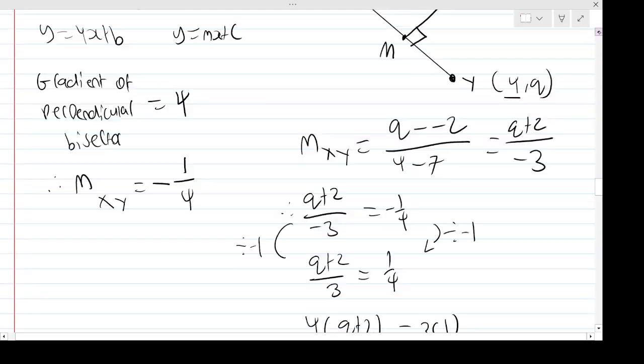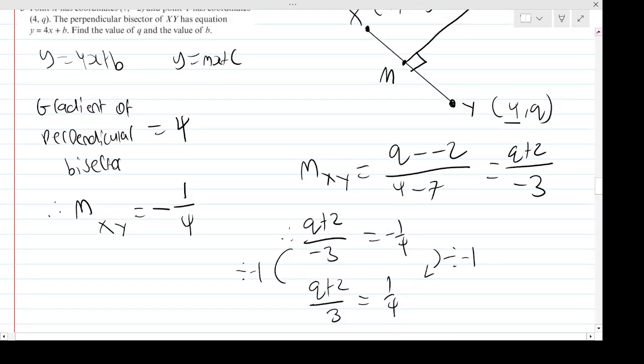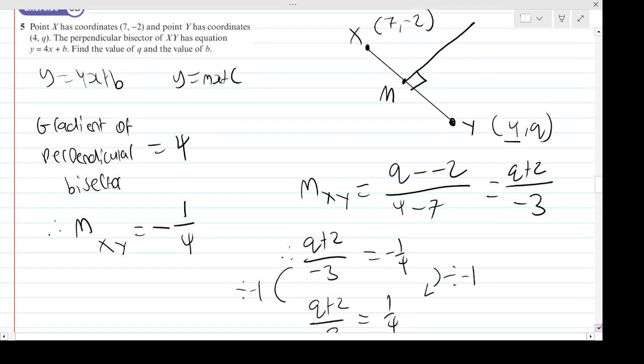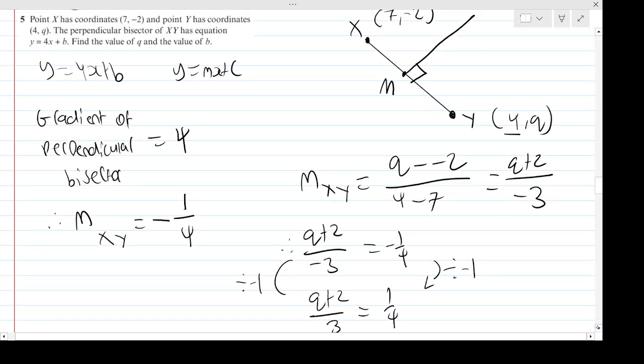That's great. Now we need to find b. Now b is here. It's in this line here. But again, if I'm going to find a missing value in here, I need to substitute a point into this line here. And remember, this line is the bisector, okay?